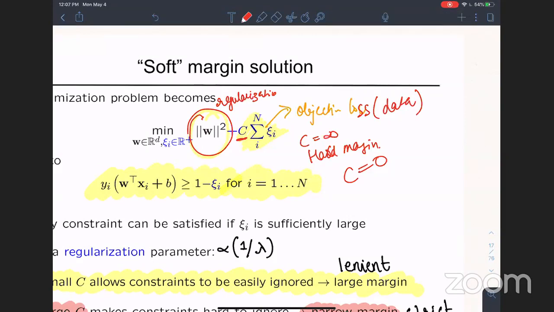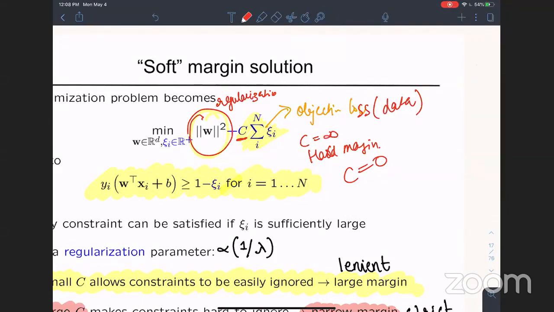The decision boundary would be taken for a toss, because you are allowing points to cross each other's margin, even going into the other land. That is bad as well, because you're too simple a model and not taking into account the data distribution. You want to avoid both extremes.